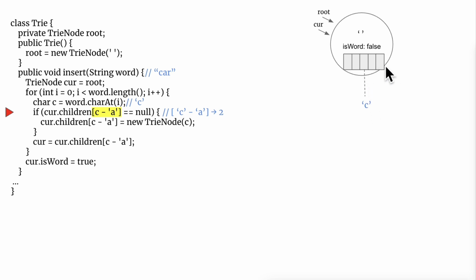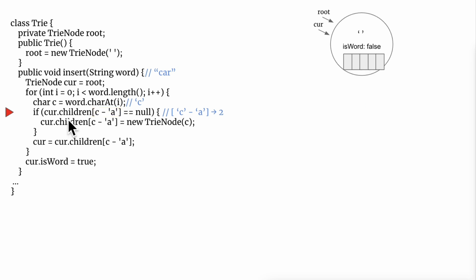Just imagine this array's length is 26, and imagine there are 26 rectangles here. So you can conclude that the pointer of character A should be located at index 0, the pointer of character B at index 1, and the pointer of character C at index 2.